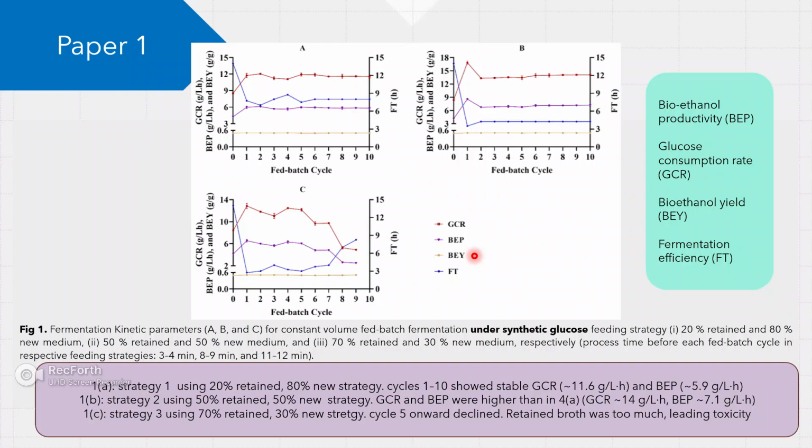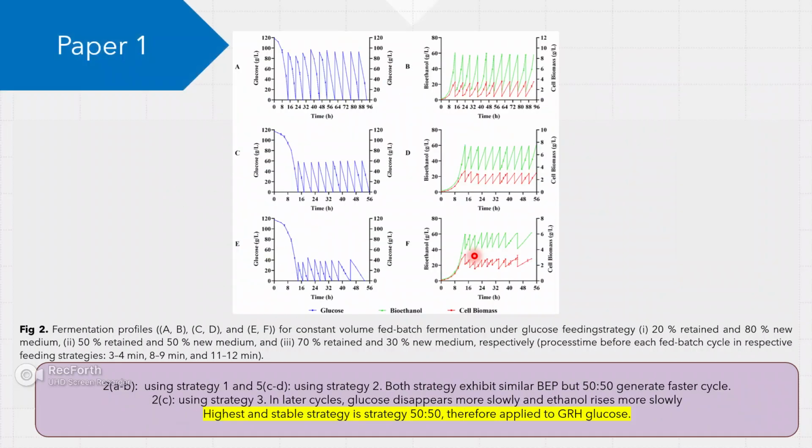In this case, because the retained medium is higher than in the other two strategies, from cycle 5 onward there is a declining trend, and the retained growth is too much, which can lead to toxicity to the cells.